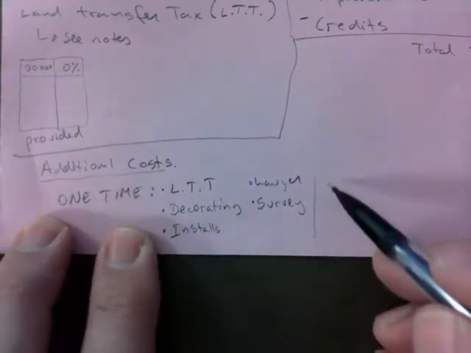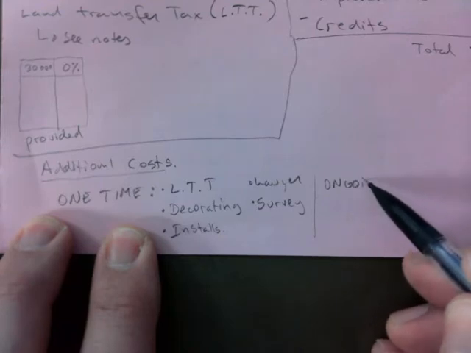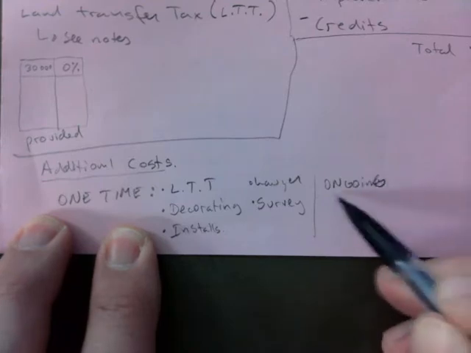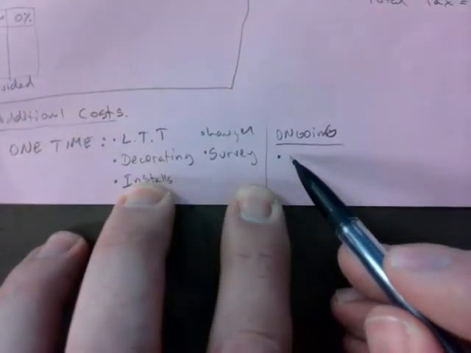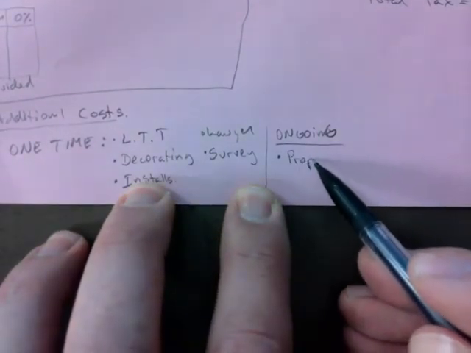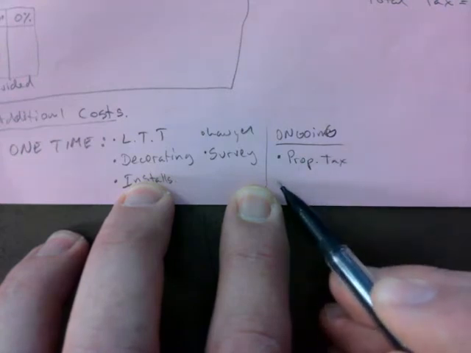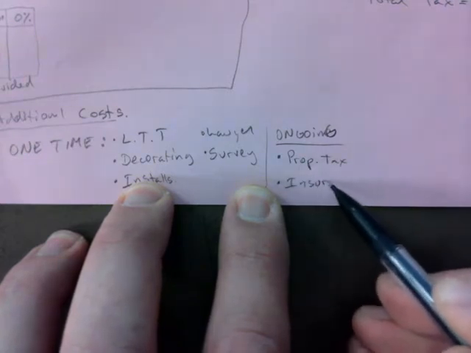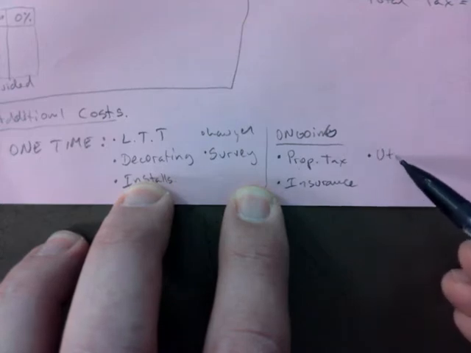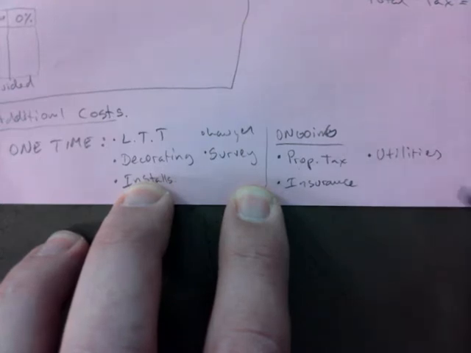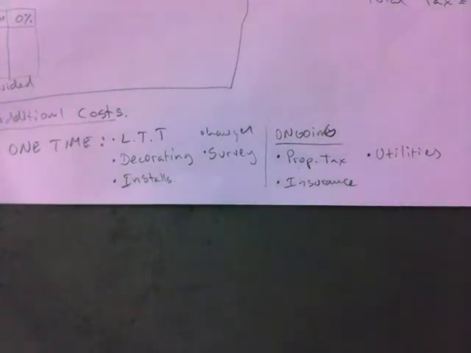And then ongoing. For ongoing costs, obviously, you have your property taxes. You keep on paying that, and insurance, right? Your utilities, and so forth. This is what is not cool when you answer these types of questions.